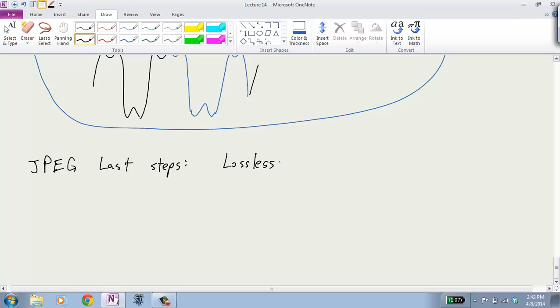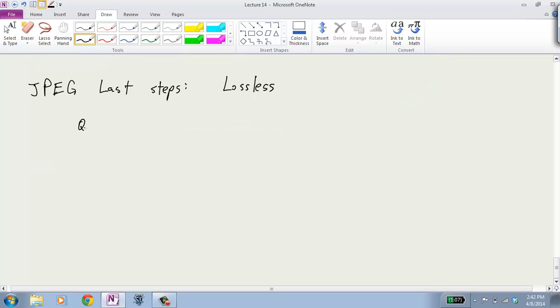We have a table of integers now, the quantized DCT, discrete cosine transform. That's this table. What we do is two steps. The second step will be Huffman codes. The first step will be what's called run length codes.